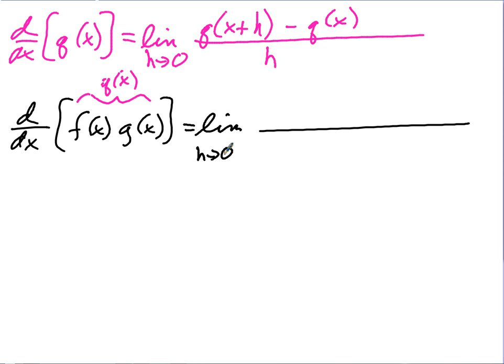What's the first part? If q of x is defined as the product of f of x times g of x, what's q of x plus h?